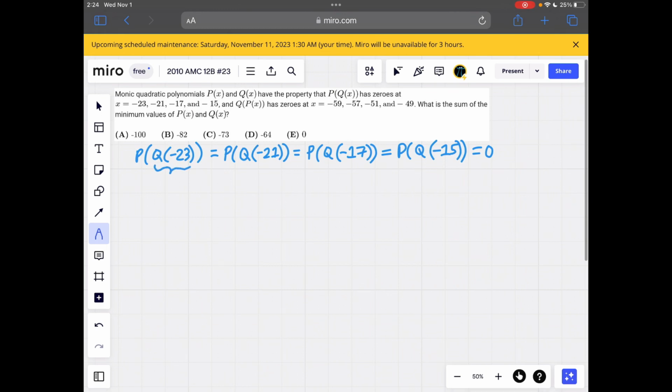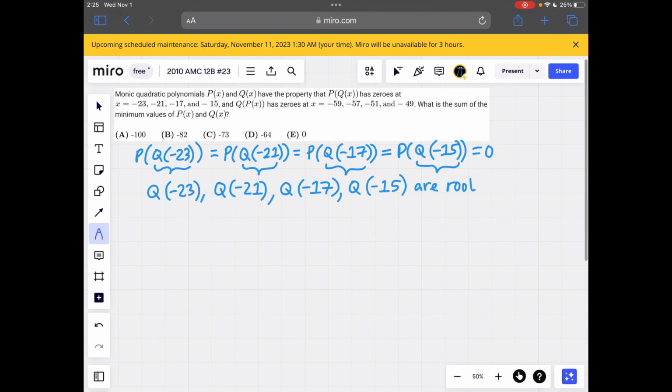So we see that q of minus 23, q of minus 21, q of minus 17, and q of minus 15 are all roots of p of x, because that's the only way you can apply p and then get 0.